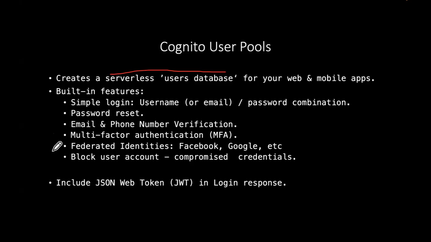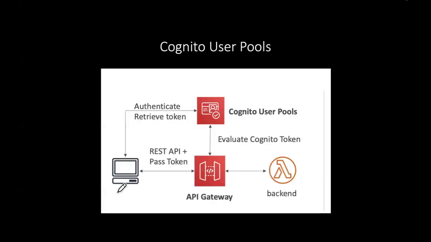Blocking users, all this kind of nice, typical features that you'd like to have available in relation to your user management, that's all built into Cognito user pools. And the whole JWT, JSON Web Tokens, which is going to be important to us, that's a part of the Cognito user pool as well. We'll see that in a while.